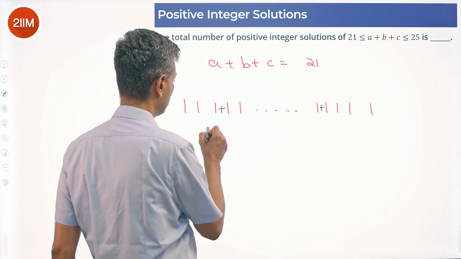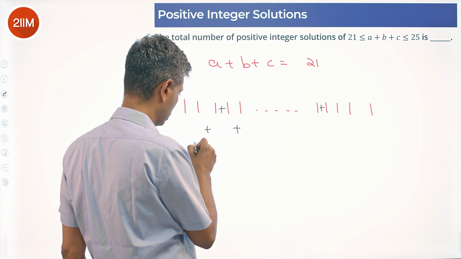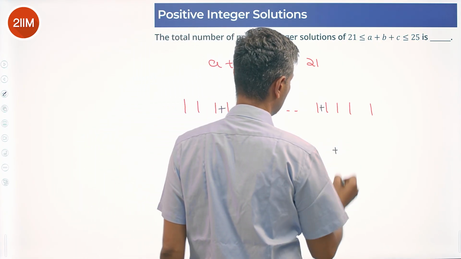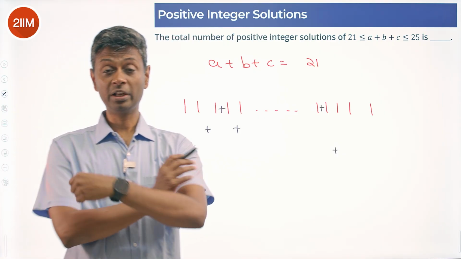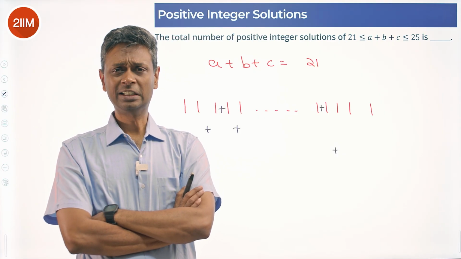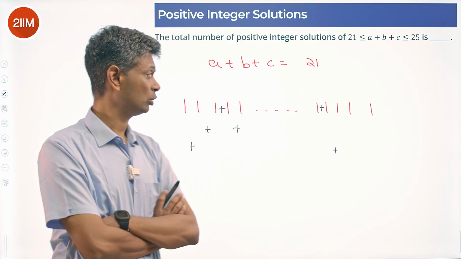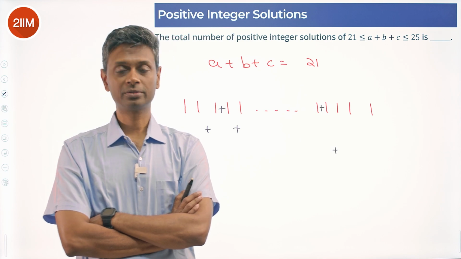The plus symbols were put here and here: it is 2 plus 2 plus 17. Were put here and here: probably 1 plus something else plus 3. So the number of ways of breaking it into 3 natural numbers A, B, C that add up to 21 is nothing but the number of ways of putting those 2 plus symbols in between some 2 ones.